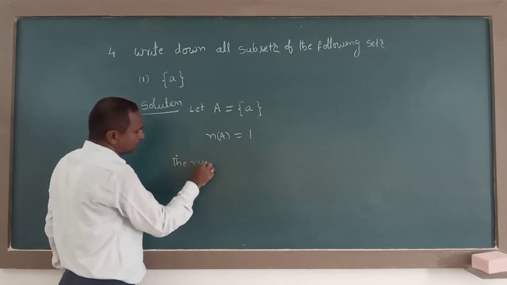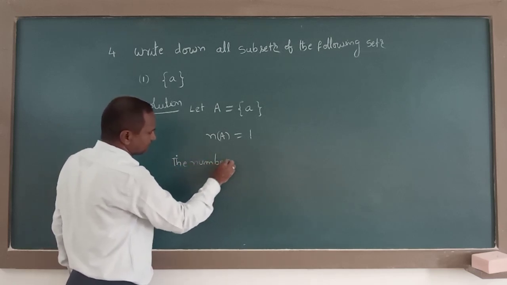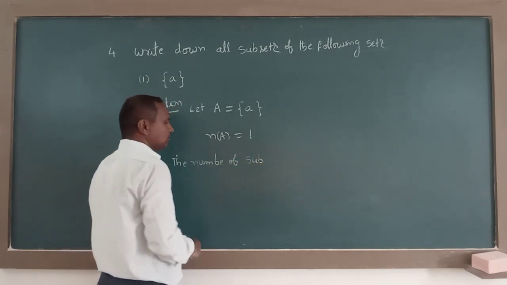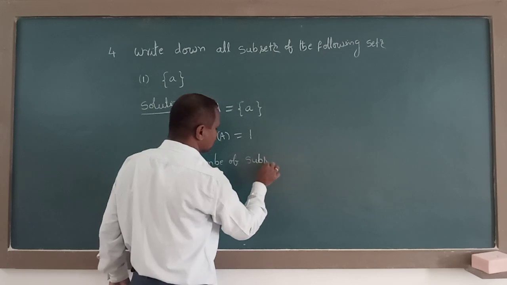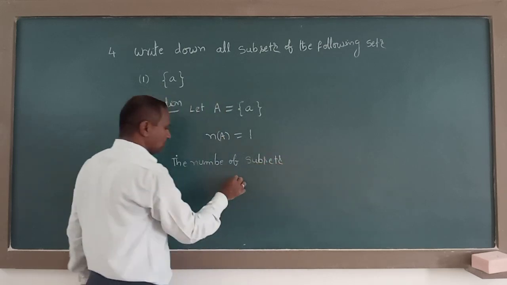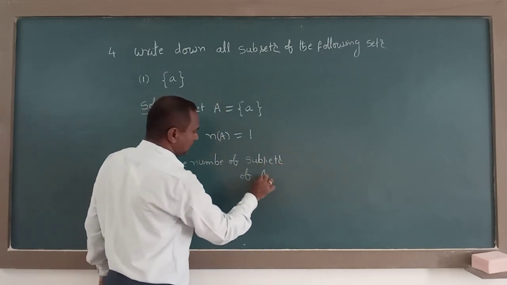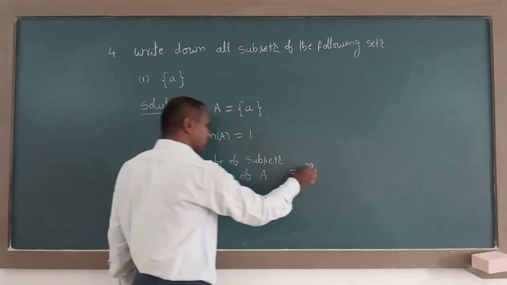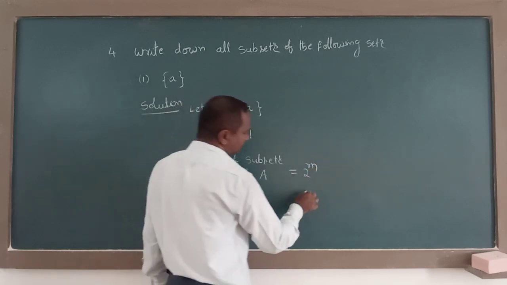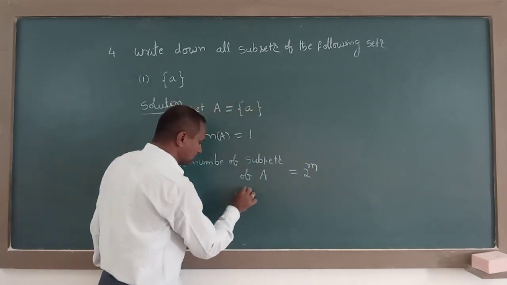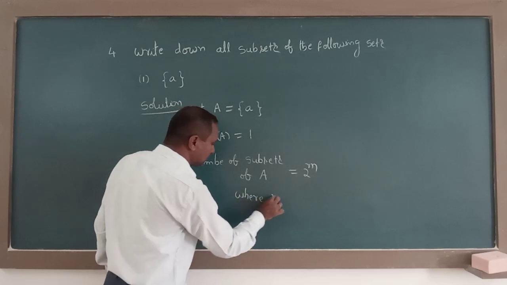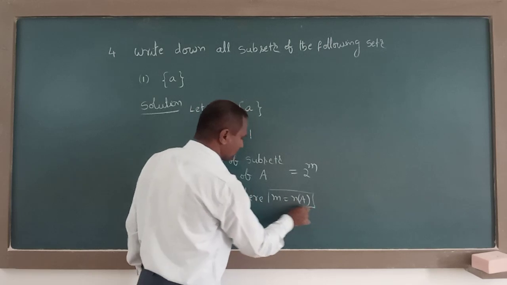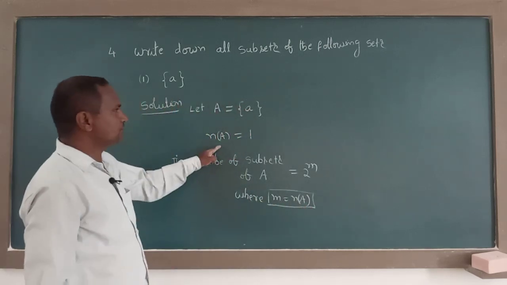The number of subsets of capital A is equal to 2 to the power of n, or we can represent it with 2 power m also, where small letter m is equal to n of A. Here n of A is equal to 1.